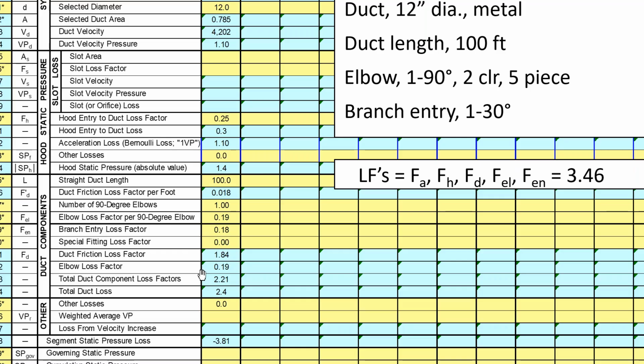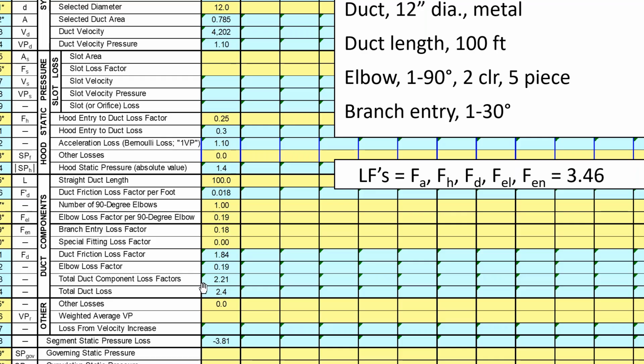So in our duct section, if we have 1.84 loss factor for our duct, plus a 0.18 loss factor for our branch, plus a 0.19 loss factor for our elbow, the cumulative loss factors in our duct segment is 2.21. If we multiply that times our duct velocity pressure, that gives us a duct segment loss of 2.4 inches of water gauge.